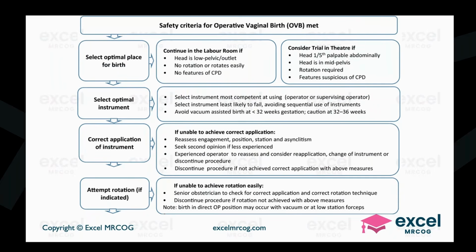Your options are: stop, abandon, go for a cesarean section, give another three pulls, another one pull or two pulls or three pulls. These are your options. And to go for a sequential instrumental delivery is another option.